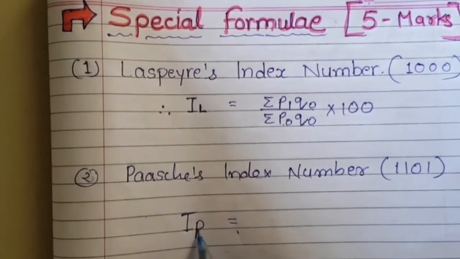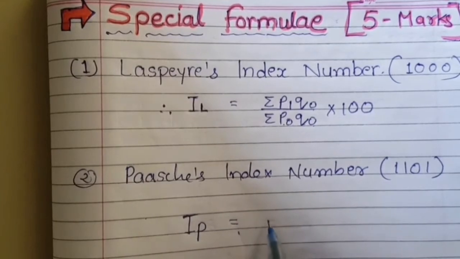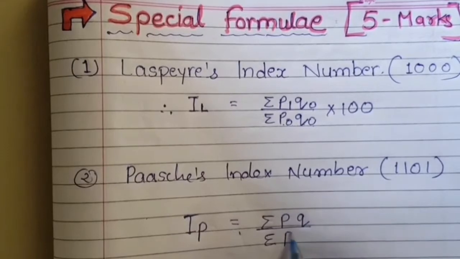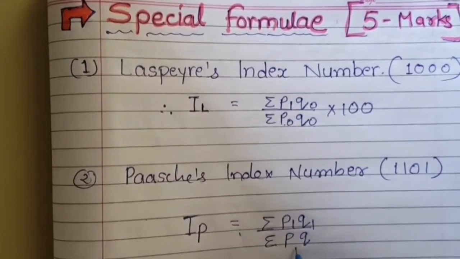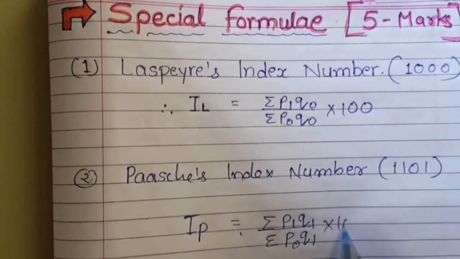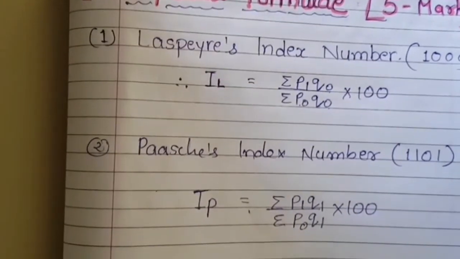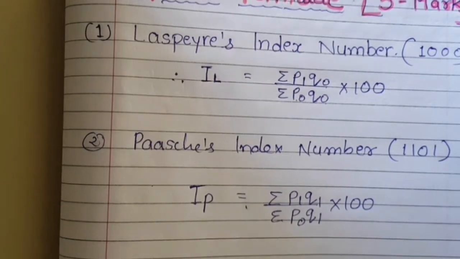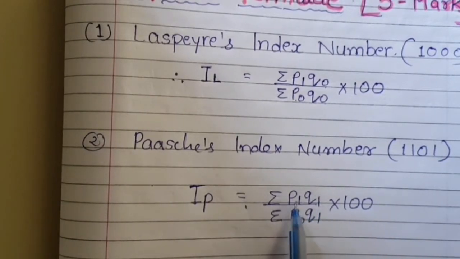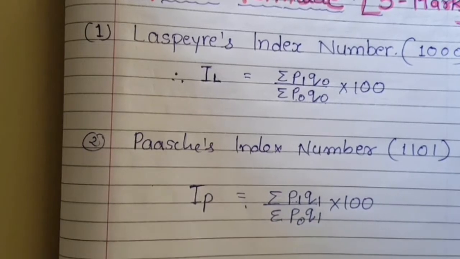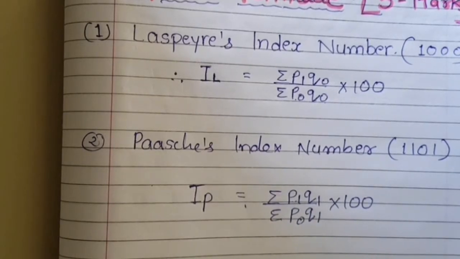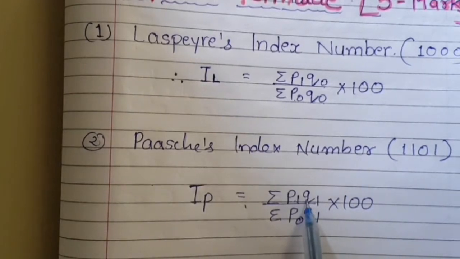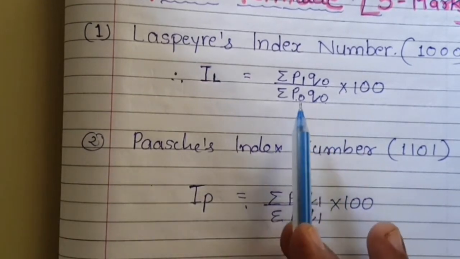IP, P for Paasche, the index number of Paasche is equal to, again, sigma PQ 1101 multiplied by 100. So this is the index number of Paasche. As you can see in the numerator, Paasche has taken both the price and quantity of the current year. So he also committed one mistake here. He has not taken the base year in the numerator, and last pair has not taken any current year in the denominator.